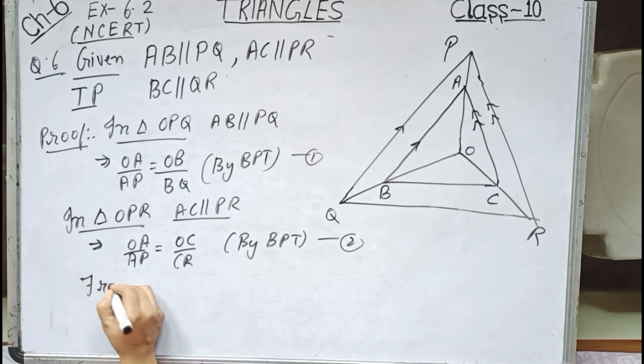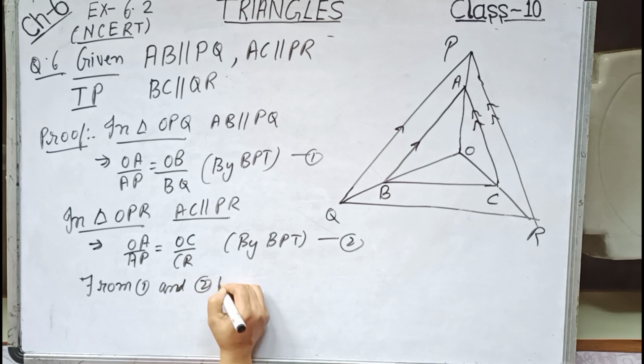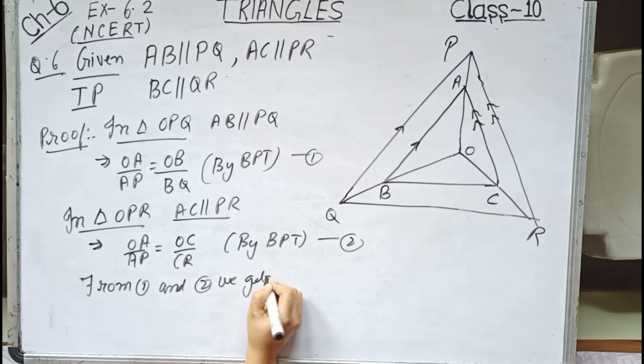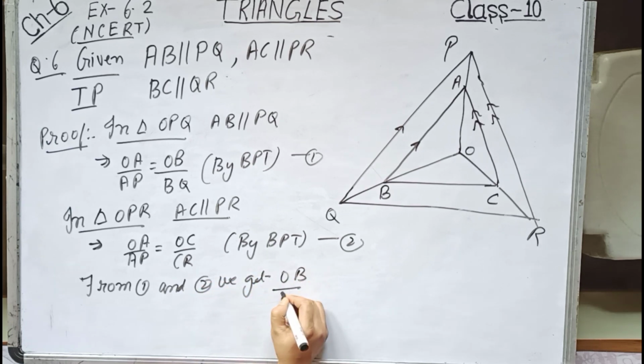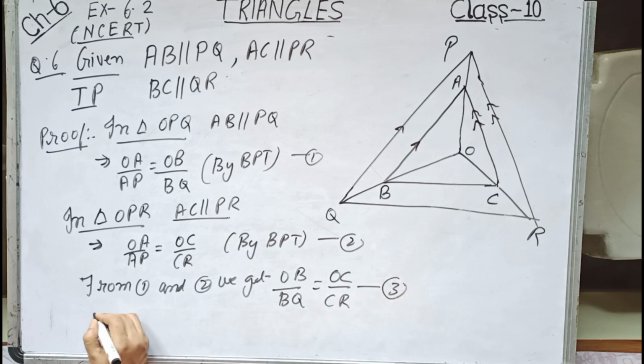So from 1 and 2 we get OB by BQ equals OC by CR. Make it number 3.